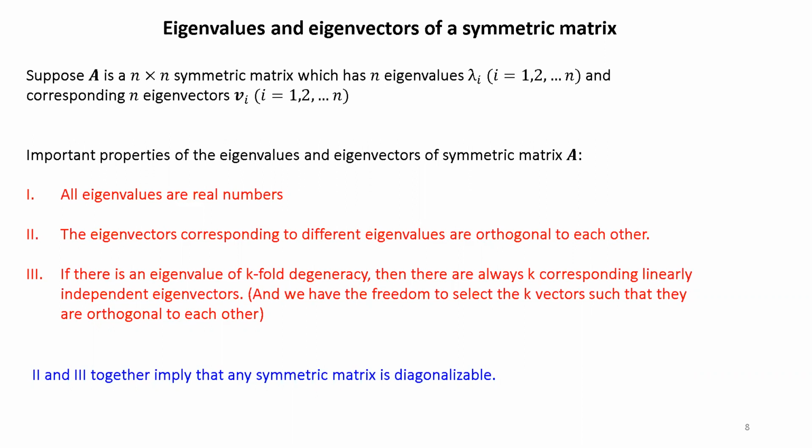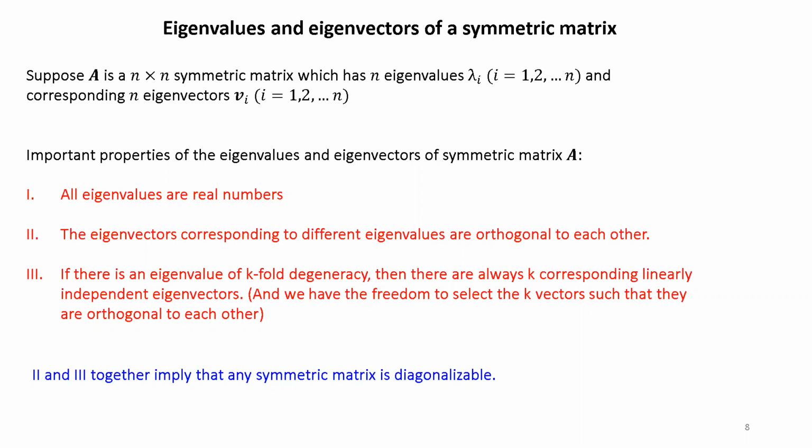The second nice property is that suppose all the n eigenvalues are distinct. Then it is guaranteed that the eigenvectors corresponding to different eigenvalues are orthogonal to each other.